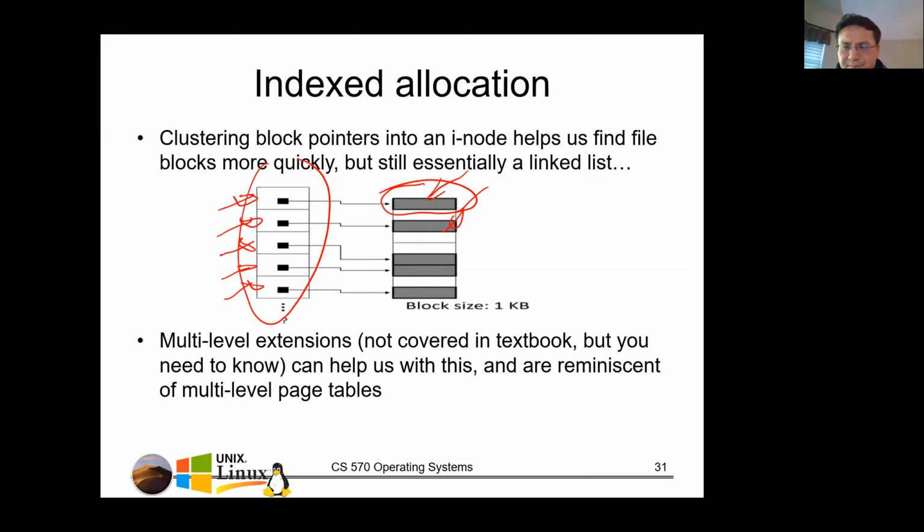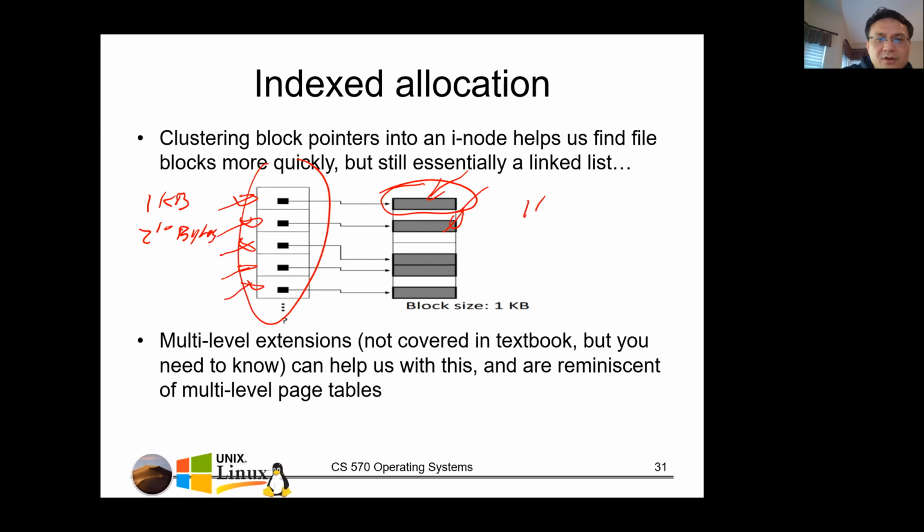Just to give you an idea, suppose a block is 1K, which is 2 to the 10 bytes. How many block pointers does an inode need to support a maximum file size of 16 gigabytes?